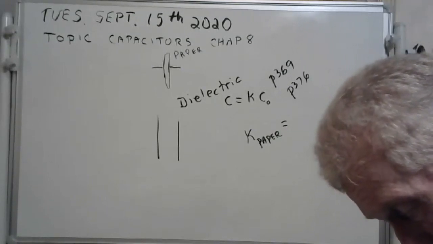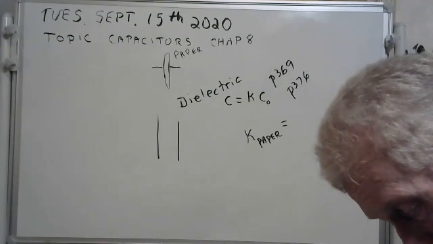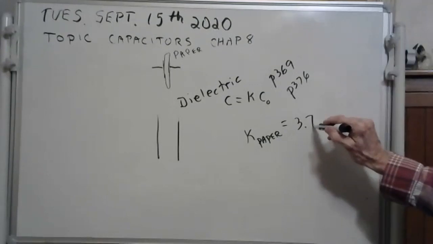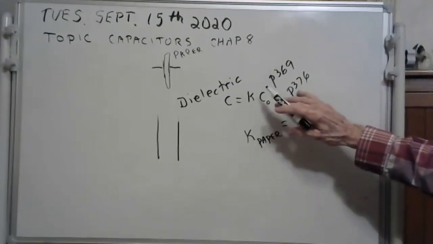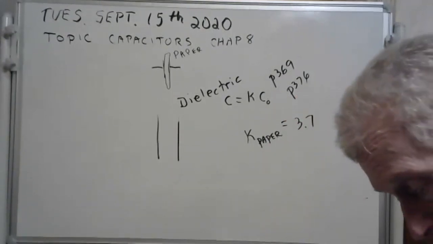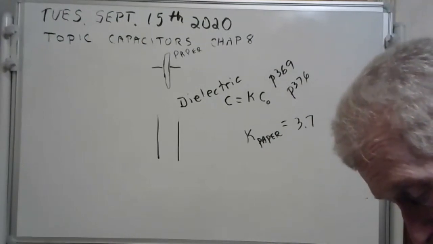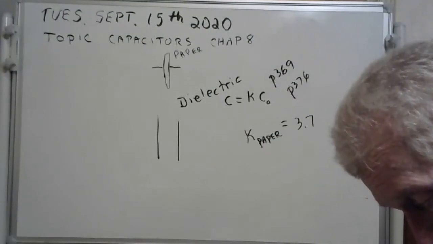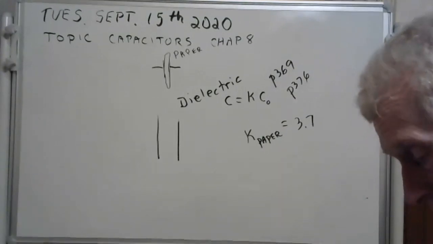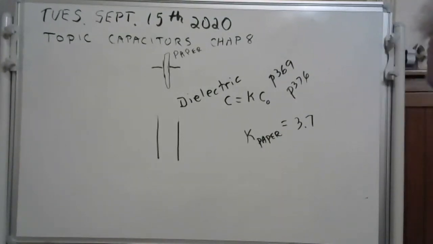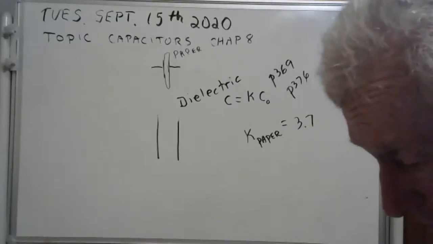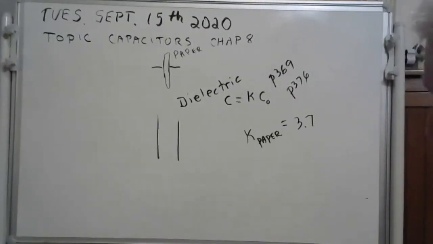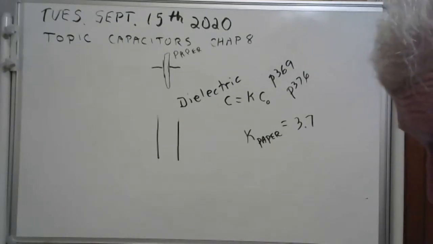Do they have paper? Yeah, they have paper. It's 3.7. Can you find that 3.7 on page 376? It's called the dielectric constant. It says if you put a piece of paper between them, you get 3.7 times the capacitance.